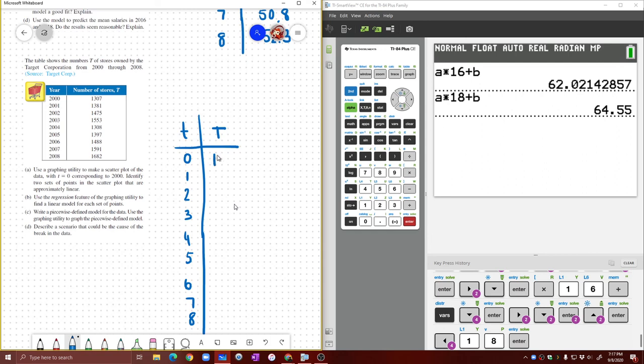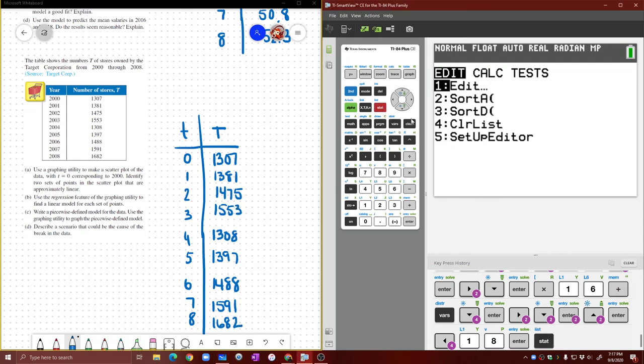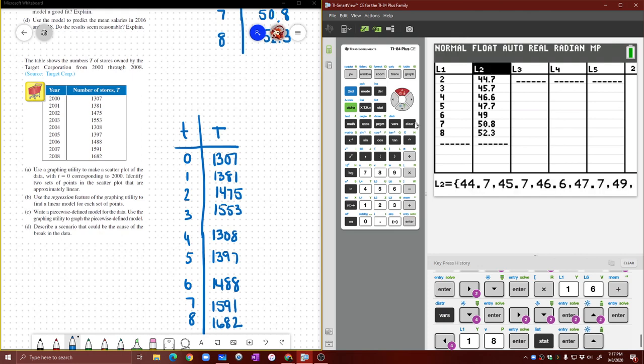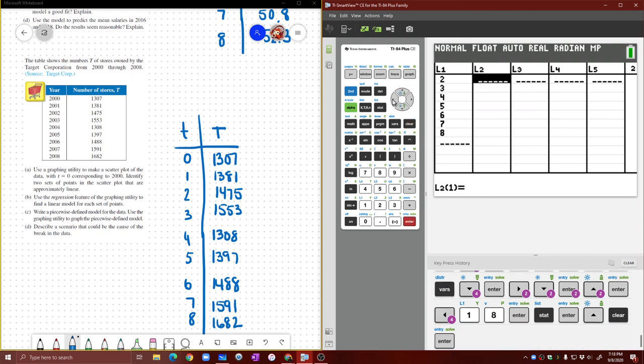Number of stores, so we're going to write this 1307, 1381, 1308, and 1682. All right, so let's go into our stat, edit, and I'm going to quickly clear out these lists.